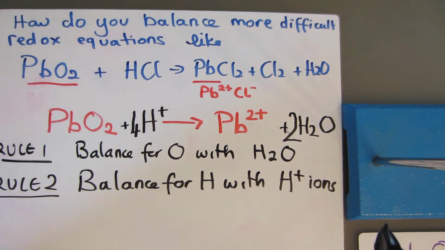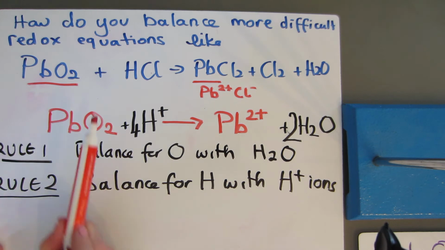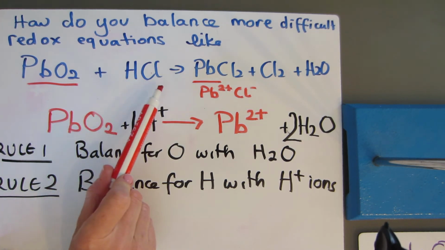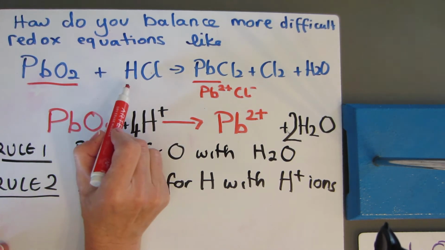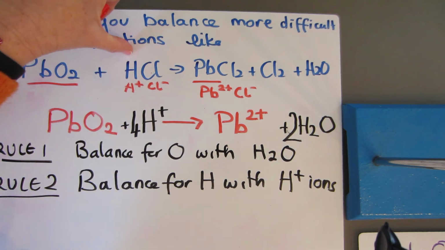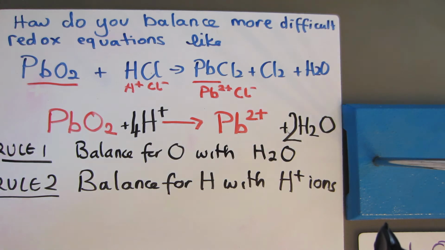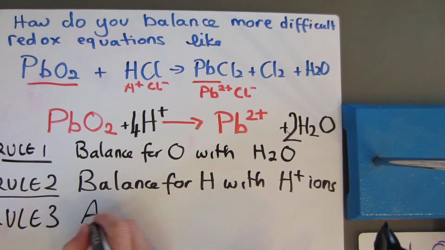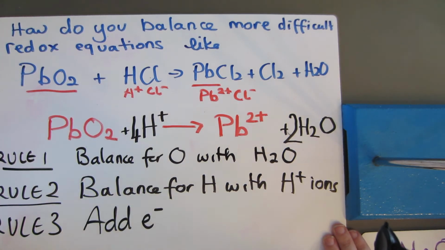This makes sense if you see, because in my overall equation, what have I got here? Hydrochloric acid. So there really are H plus ions in the hydrochloric acid anyway. So it's not just balancing without making chemical sense.